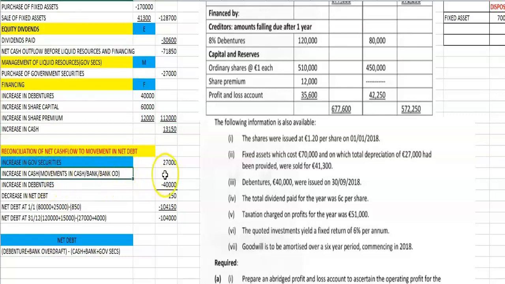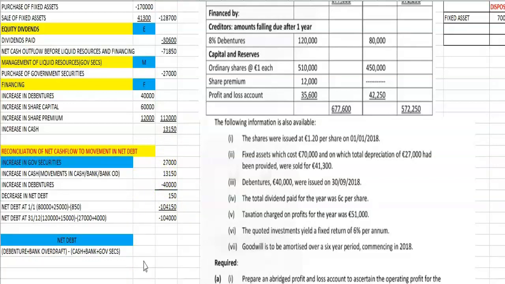Now if your cash has gone up, your net debt has gone down. If your net debt is going down, we'll have to put that in as a positive figure. So now you notice if you put 27,000, 13,150 and minus 40,000 together, that will give you €150. So essentially you've explained why your debt has gone down by €150 by breaking it down as you have up there.